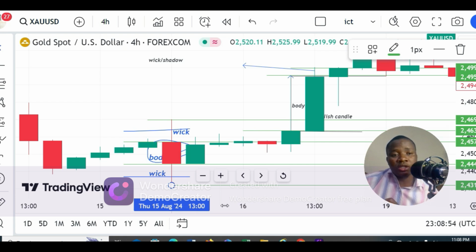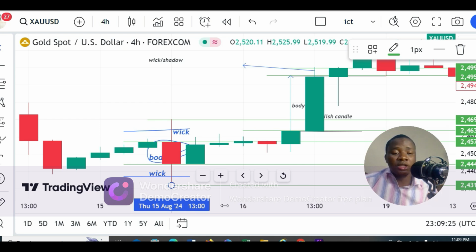So with that knowledge of interpreting a candle that has been formed, you can be able to tell where the market is going. If the candlestick is bearish, it means that sellers are in control. On the other hand, if the candlestick is bullish, it means that the buyers are in control. So that's how you interpret a candlestick in the market, and that's how you are able to predict the price movement.